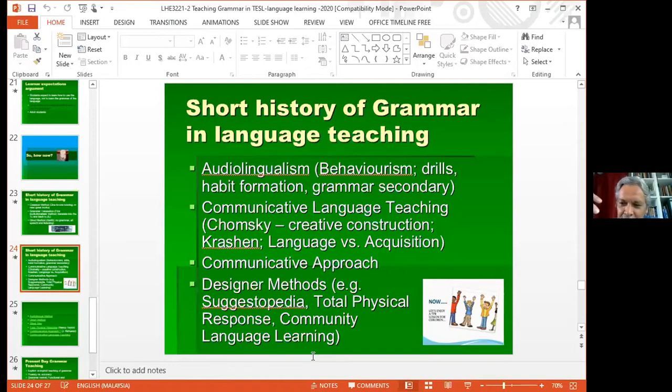For example, if you say stand up, instructions, right? If they are able to stand up, then that means they understand what you said. Or if you want to make it a little bit more complicated, you can say something like, if I raise my right hand, then stand up. So that means they have to understand what you're saying, and there is also a physical response related to it.